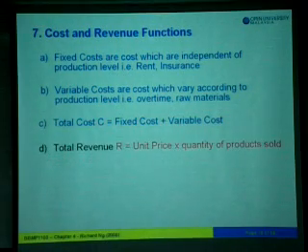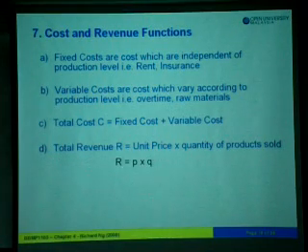Next, the revenue obtained by a company or an organization will be equal to the unit selling price, the selling price for one unit of a product, multiplied by the quantity of the products sold.